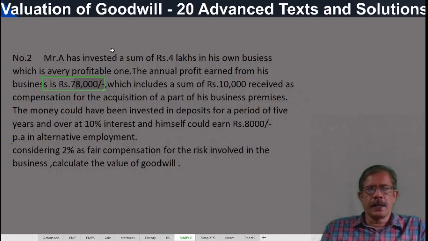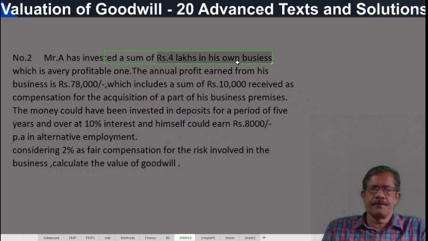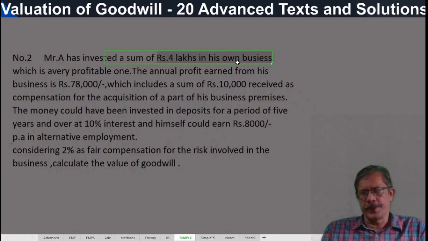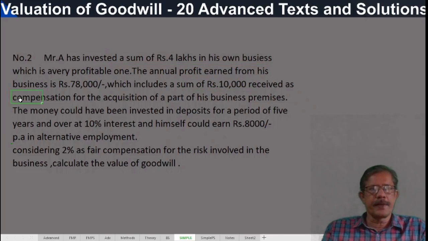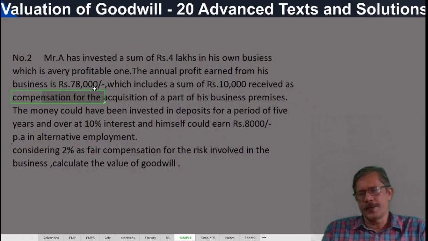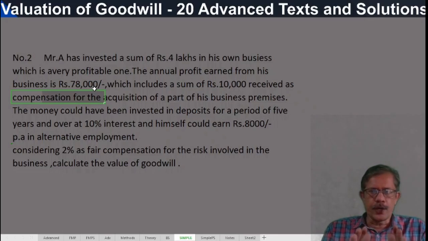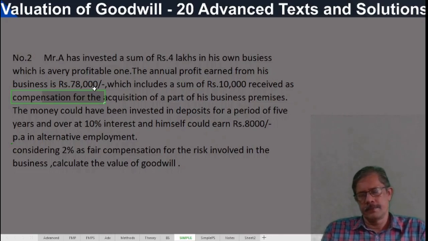And here it is saying 4 lakhs he has invested. That is capital employed. In simple questions, capital employed will be given. The annual profit is 78,000 rupees, which includes a sum of 10,000 rupees received as compensation for the acquisition of a part of business premises. This is a non-operating receipt, non-operating income.